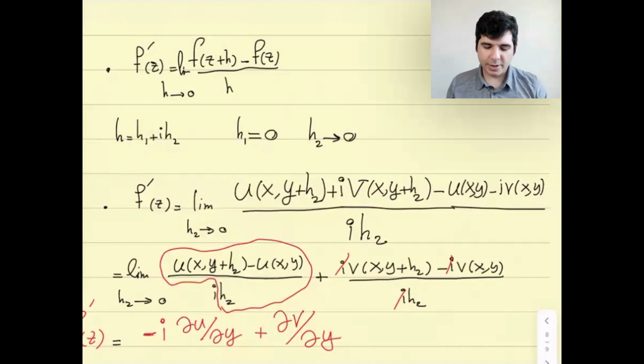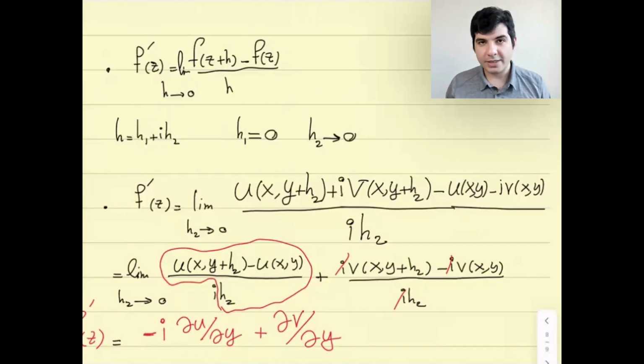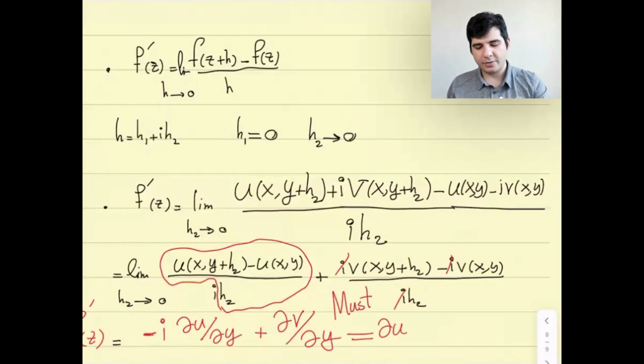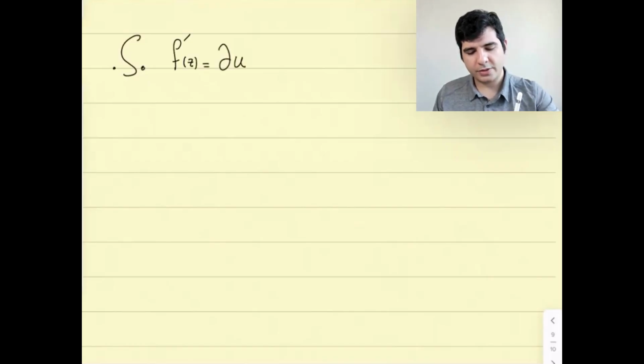But previously, in the previous page, we had a different value for f prime. We had the partial derivative of u with respect to x plus i times the partial derivative of v with respect to x. So if this limit exists, these two things should be equal. So f prime is equal to partial derivative of u with respect to x plus i partial derivative of v with respect to x.